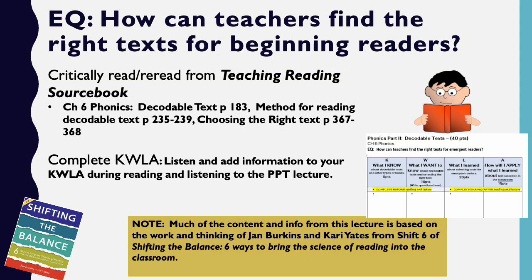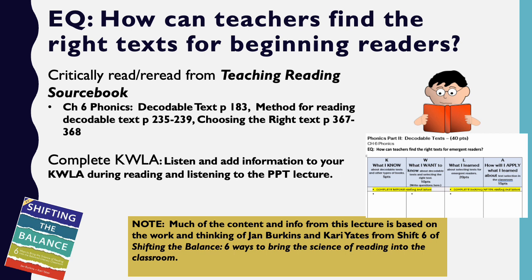How can teachers find the right texts for beginning readers? I would like for you to begin by either reading or rereading the Chapter 6 Phonics Decodable Text, pages 183, and then also the method for reading decodable texts, pages 235 to 239, and then choosing the right text, pages 367, 368.